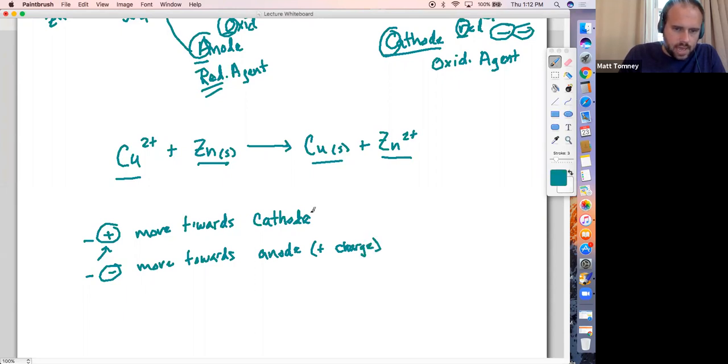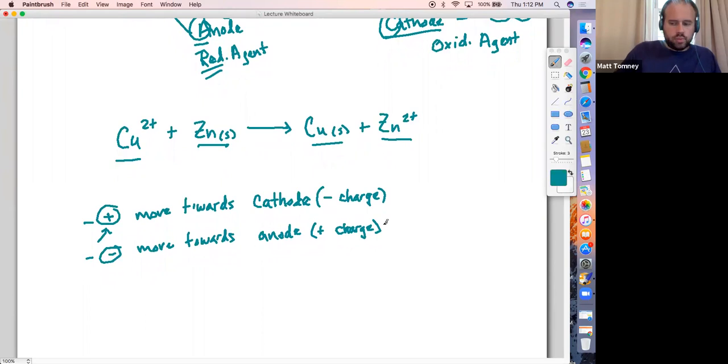Okay. Whereas in the cathode, I've got all the electrons that are piling up. So I've got a negative charge that's building up over in the cathode. Okay. So the salt bridge, again, just to reiterate its importance, is going to prevent the excess buildup of positive or negative charge at either the cathode or the anode.